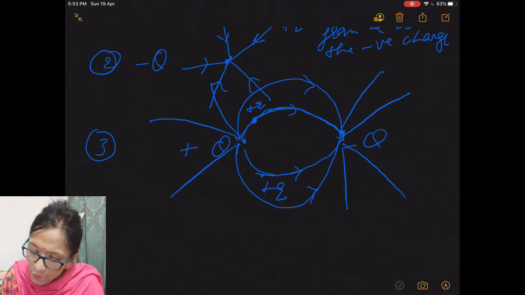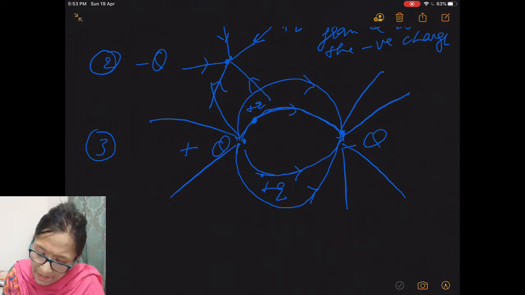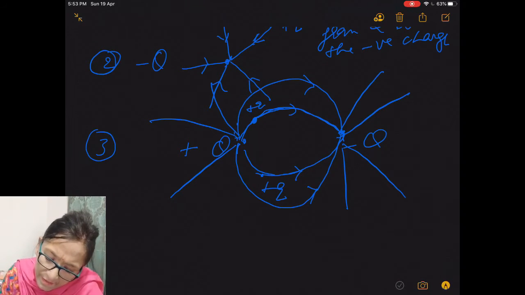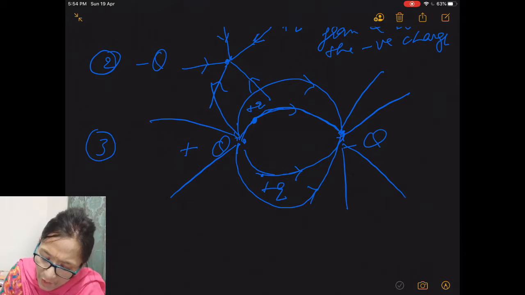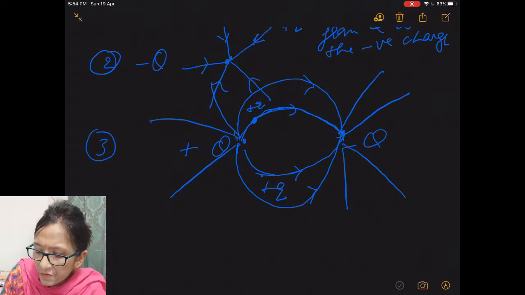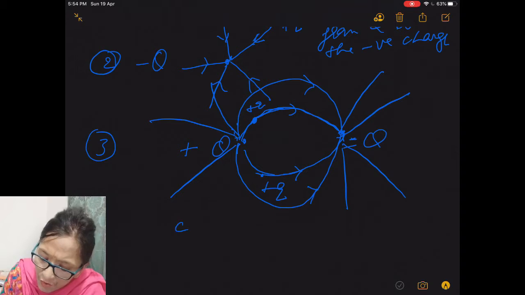Now in this case, we have two unlike charges, and we see that the lines of electric field do not remain straight, they are curved. That is the first thing. The second thing is that they do not extend up to infinity and they contract in size.